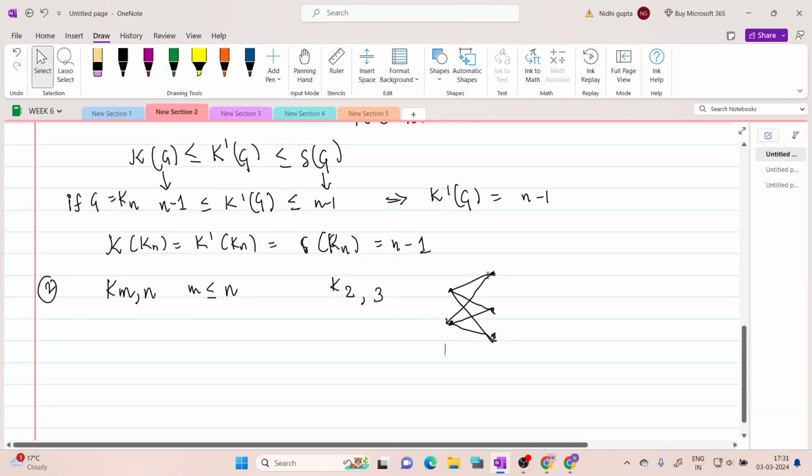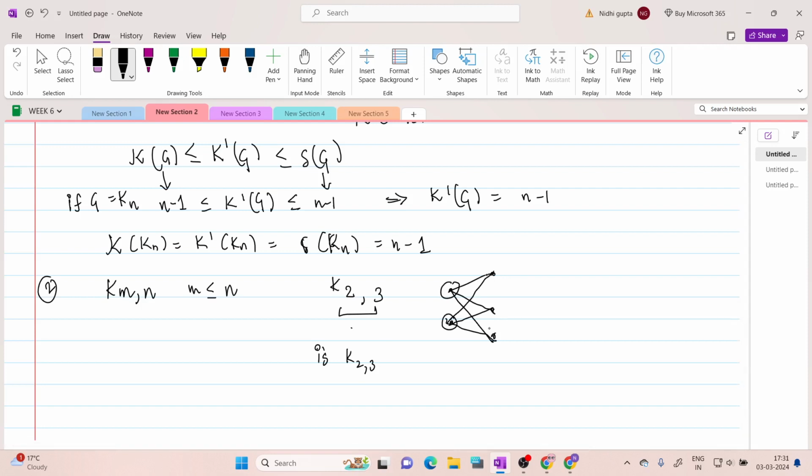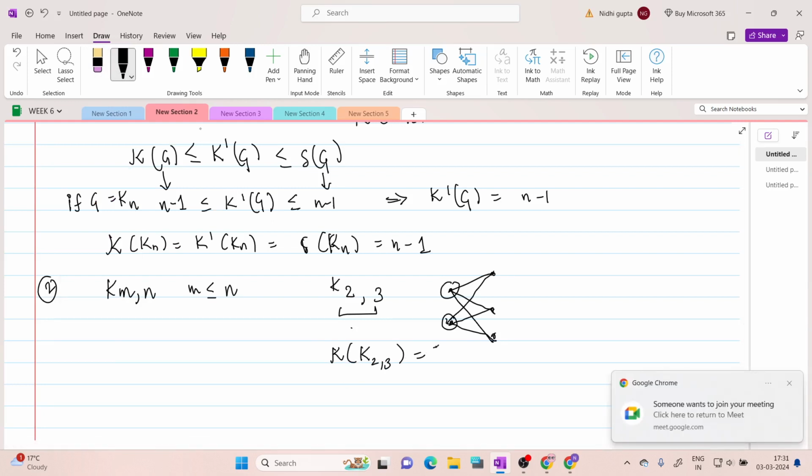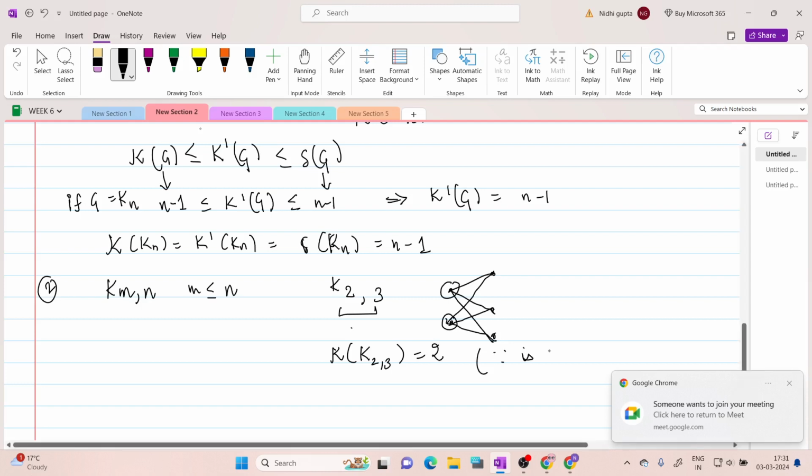Is K23 3 connected? No. K23 is 2 connected, because if we remove these two vertices, the graph becomes disconnected. So the vertex connectivity of K23 is 2, because it is 2 connected but not 3 connected.